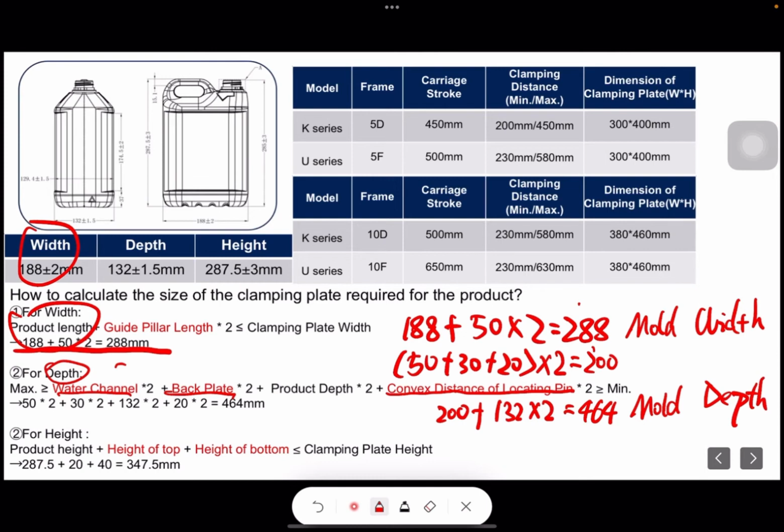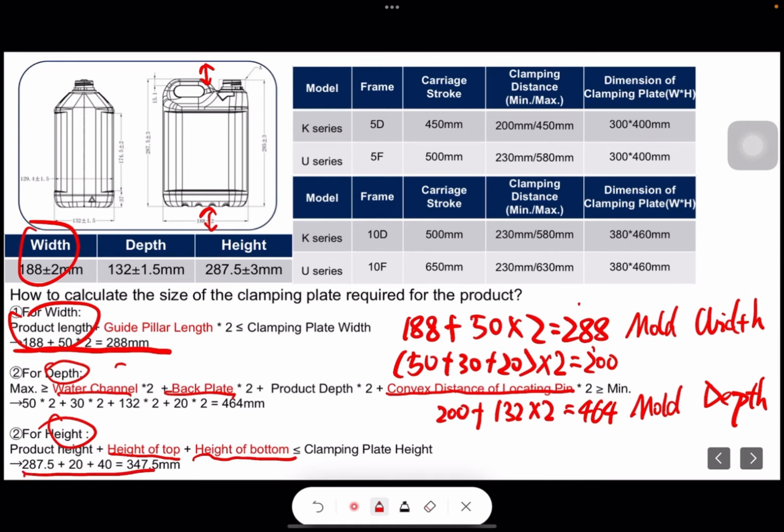And next one, the height. The height of top, the height of bottom. The reason why we tell you to make sure all your data is right is here. If your data is not correct, this formula will be wrong.